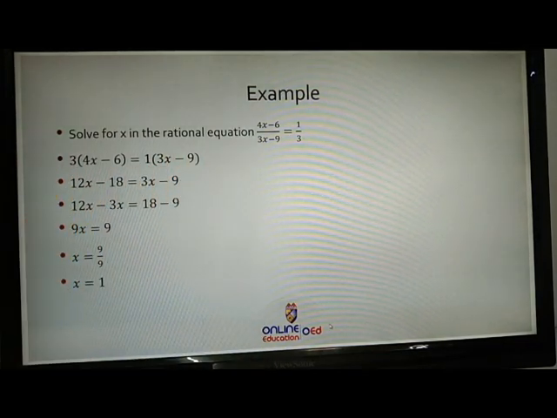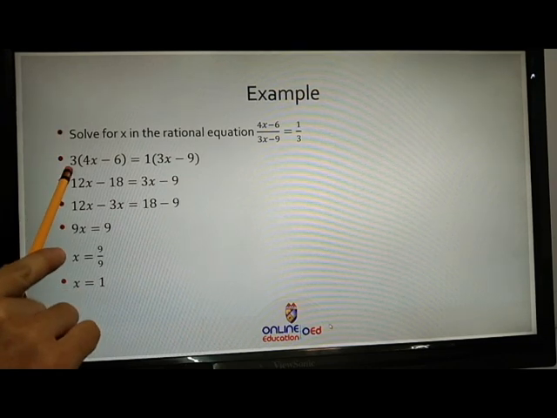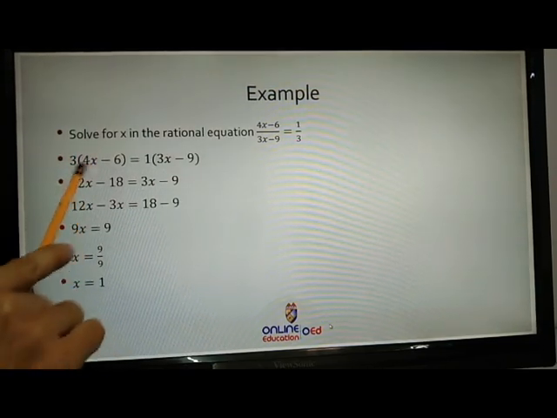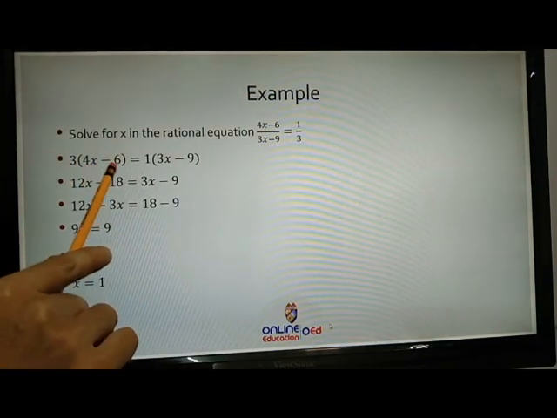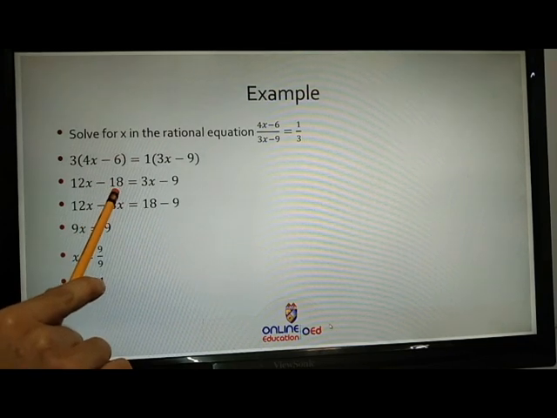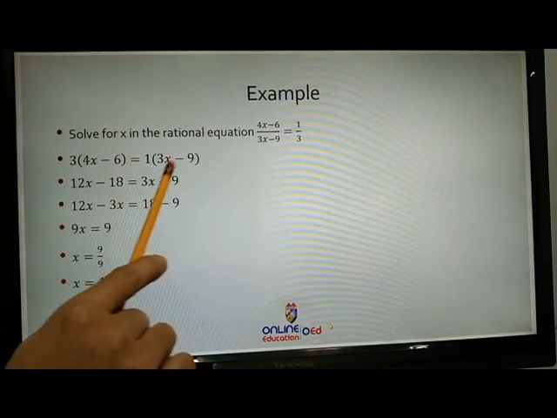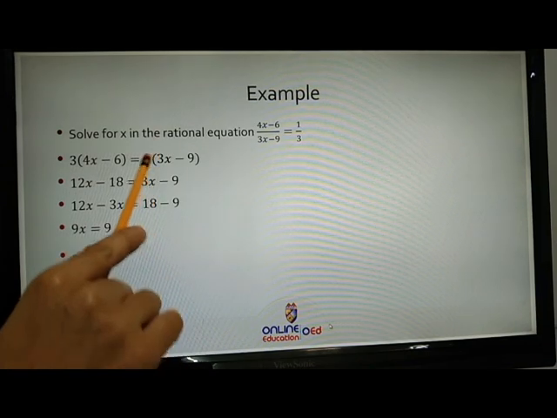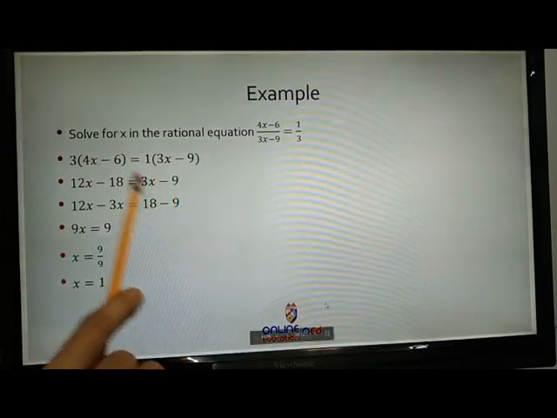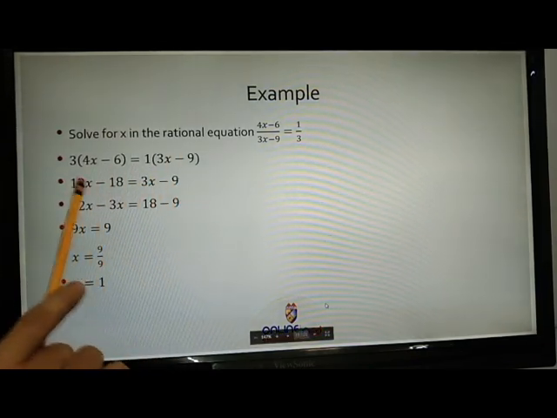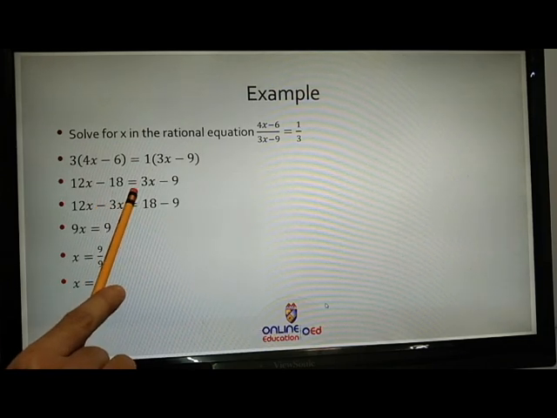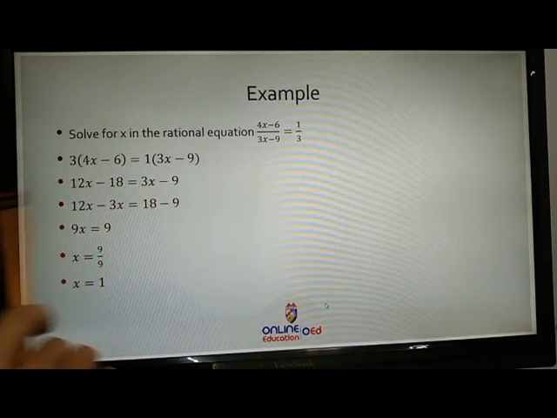So we have the distributive property. 3 times 4x is equal to 12x. 3 times negative 6 is equal to negative 18. And then for the right side, we have 1 times 3x, 3x, and 1 times negative 9 is negative 9. So we have the equation 12x minus 18 is equal to 3x minus 9.